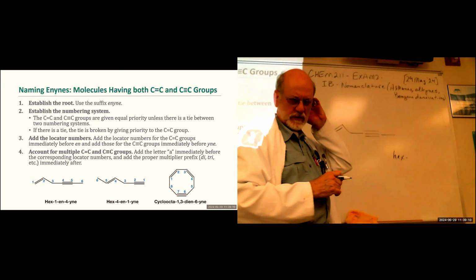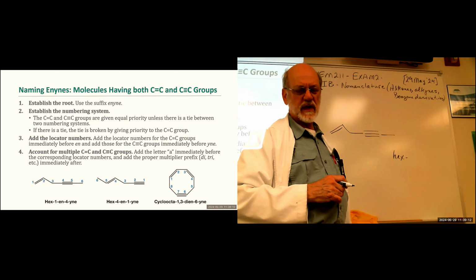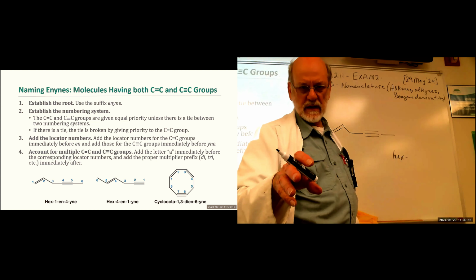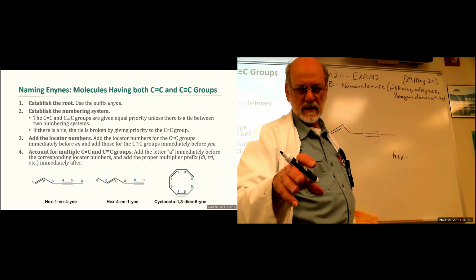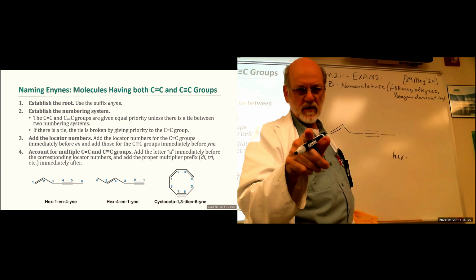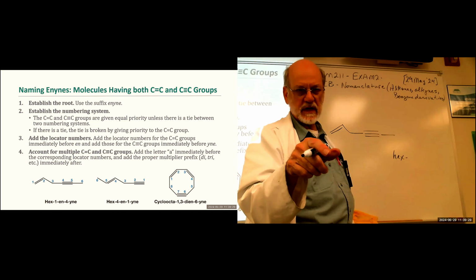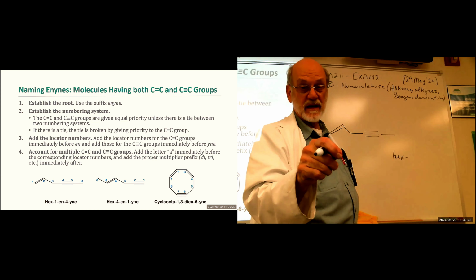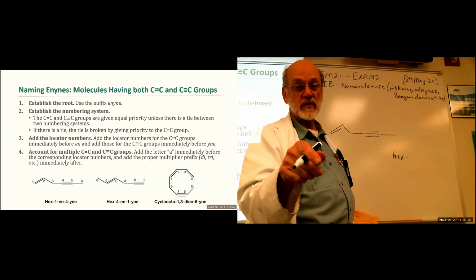But which comes first? The ene or the yne? There's a tie. C-C groups are given equal priority unless there is a tie between the two numbering systems. If there's a tie, it's broken by giving priority to the ene.